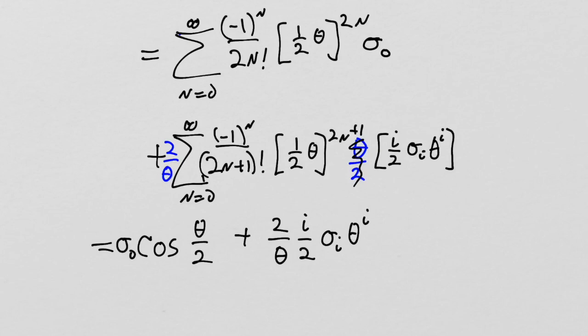And then what's left in here, this guy here, now is the odd series for sine theta over 2, like that. So then these 2's cancel, and we keep the I, and then we have theta I over theta.